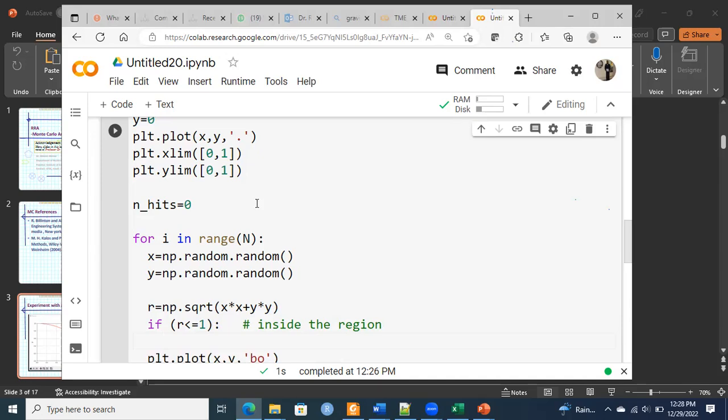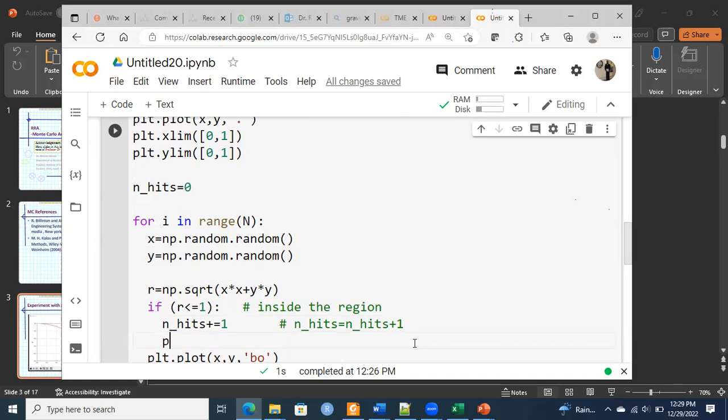In this case, n hits is equal to count one more hit, so I say n hits plus equal 1. This is like the conventional command, n hits equals the old value of hits plus 1. So you can write the conventional way as well.